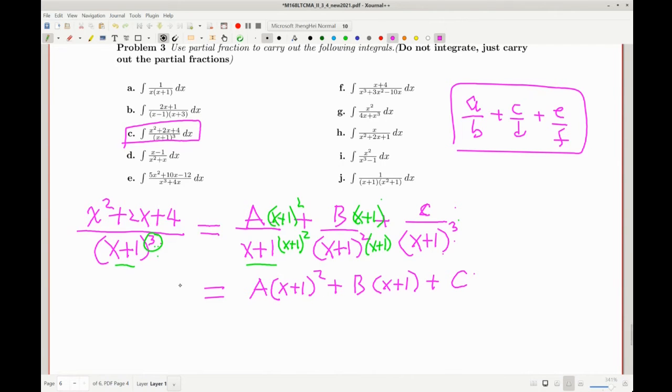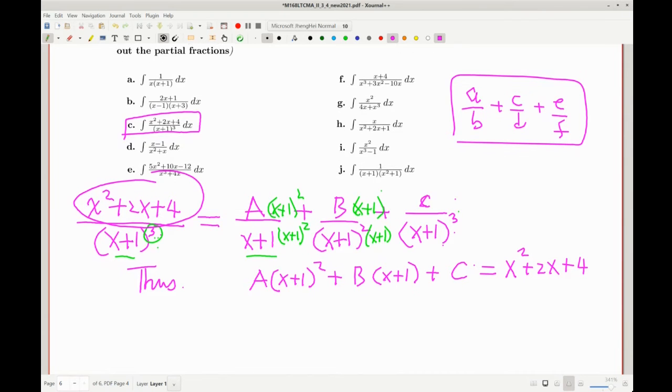On this side, my numerator is going to be still this guy. I write it here: x squared plus 2x plus 4. Again, the denominator is the same, so I don't want to keep writing it. I'll just say thus, and we write the numerator. So this is what we have again.